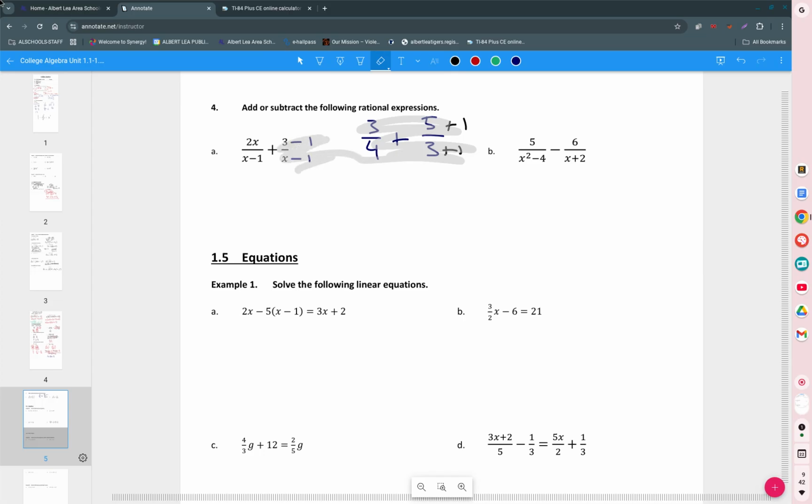So in this situation here, the common denominator is going to be x times x minus 1. That's our common denominator. So in this situation, I'm going to multiply the top and bottom by x.